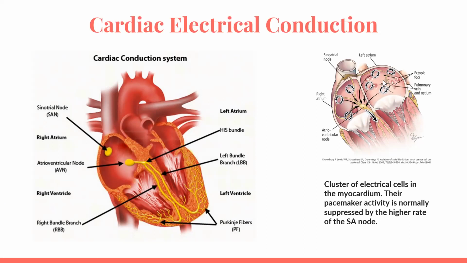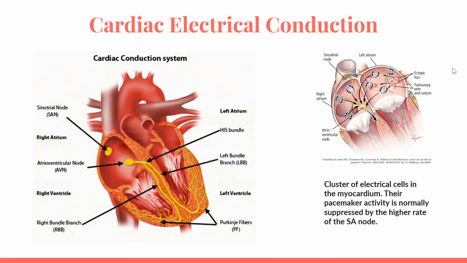So the ectopic foci, the picture on the right is what represents that. If you have a cluster of cells that can be excited by electrical conduction, they can cause problems, meaning they're always there, they're usually dormant. Your heart is always going to follow the fastest pacemaker. So those aren't usually regularly pacing. However, if they do speak up, that's where you could get your PACs, PJCs, or PVCs.